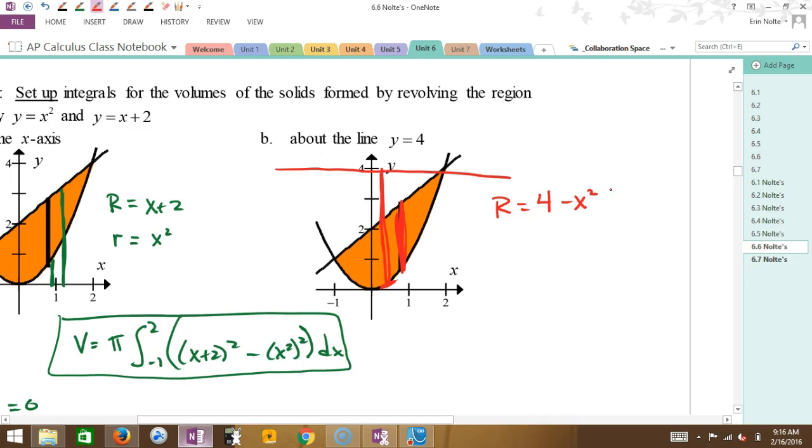Because we have a height of 4, but we're going to subtract out the height of the parabola. And then my little r goes from the y equals 4 line to the straight line. So what's that distance? 4 minus the quantity of x plus 2. Good. Make sure you have parentheses there, or you distribute your negative.